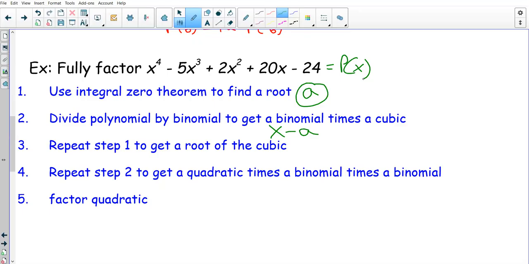All right, so the first thing, we need factors of 24. Now, instead of listing them all, I'm going to start with the easy ones. The one that I know that's always going to work is going to be plus or minus 1. So if I think about p of 1, I've got 1 minus 5 plus 2.